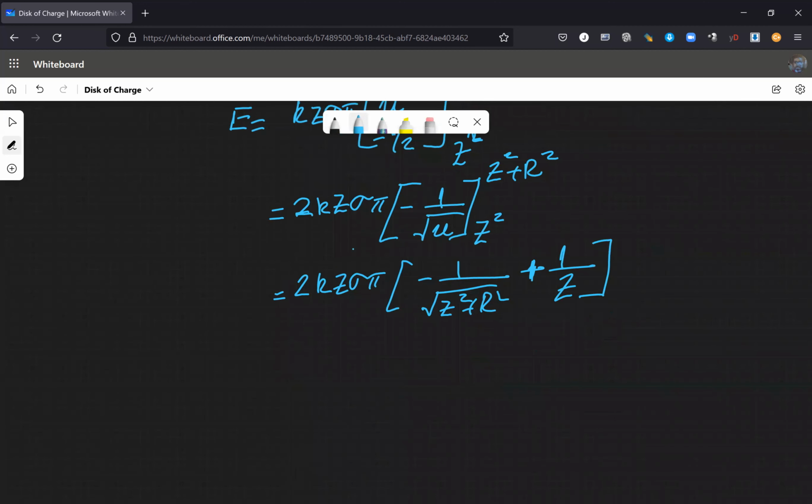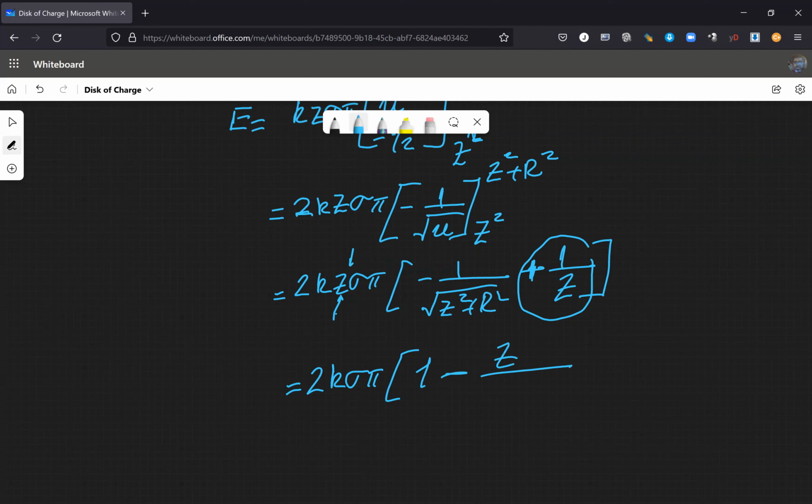This z will multiply 1 over z, which gives me a 1, minus the z will multiply that other one, which gives me z over the square root of z squared plus r squared. But now remember, I need to go back to q. So what is q in terms of sigma? Remember, q was the charge that's plastered over the area of the disk, and it's uniform, so q is sigma times the area of a disk. But the disk is a circle, right? Its area is pi r squared.